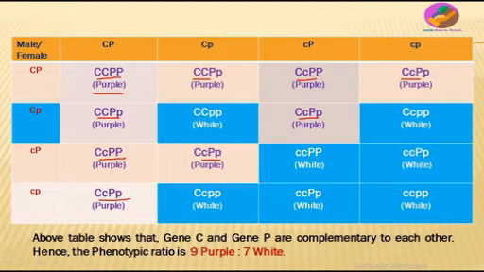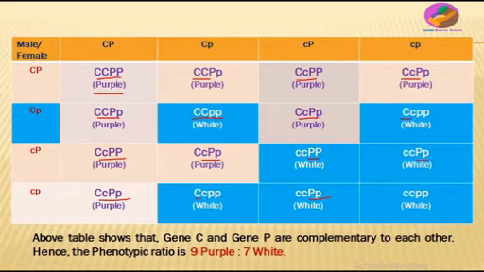In the second case, you can see this particular offspring contains only one dominant allele, that is capital C. Here you can see only one capital C, here only one capital P, and here we will discuss about this afterwards.